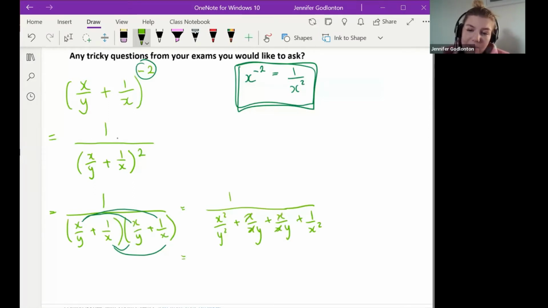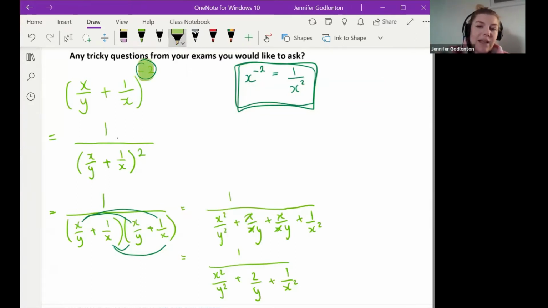So what I land up with is 1 over x squared over y squared plus 1 over y plus 1 over y, which gives me 2 over y plus 1 over x squared. If you saw a question like this and you panicked, which often happens, try to think: how can I make this negative exponent a positive exponent? And then think, how could I work with a positive exponent by doing FOIL, so binomial times binomial. That's one way of doing this question.